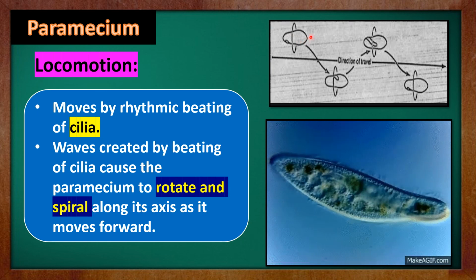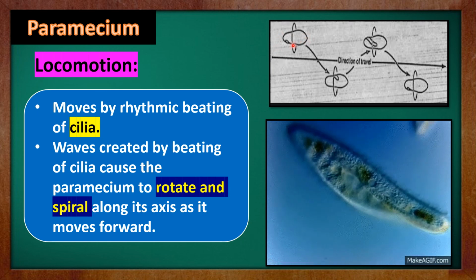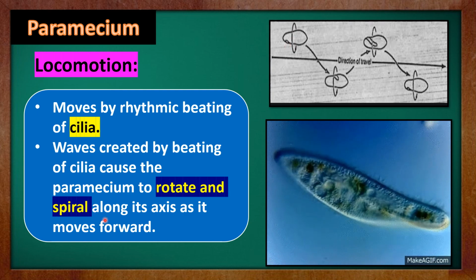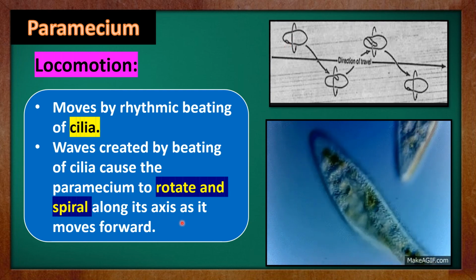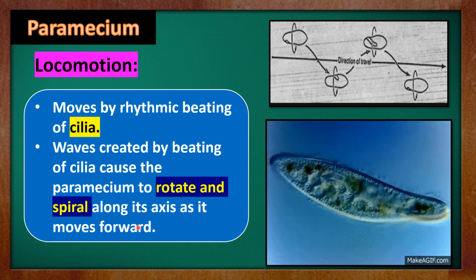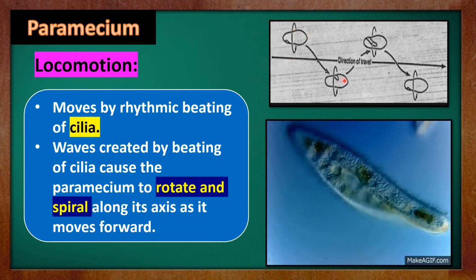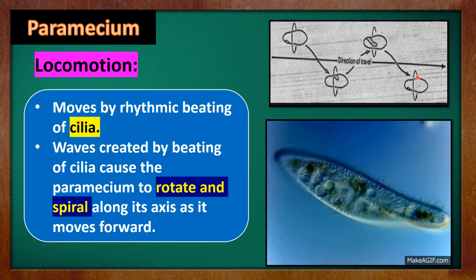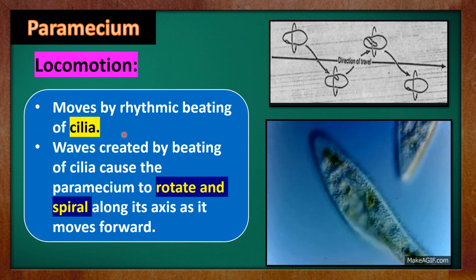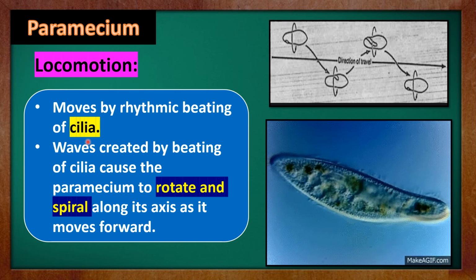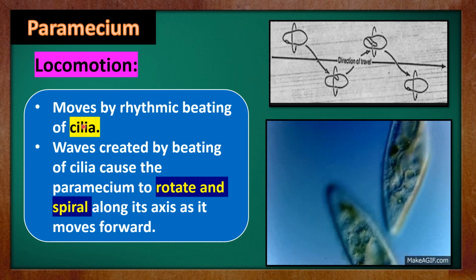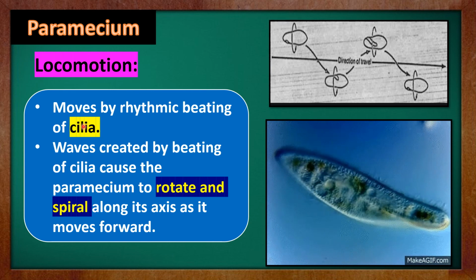It rotates and spirals along its axis as it moves forward, like a spiral shape. Like this. So how does Paramecium move? It is because of its ciliated structure, the hair-like cilia that allow it to move.